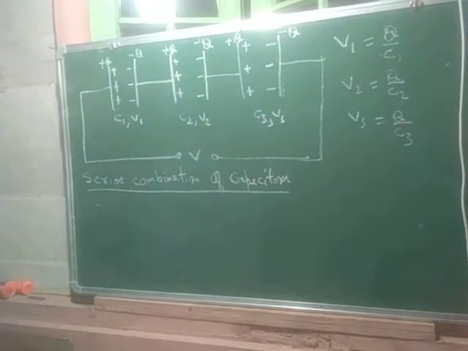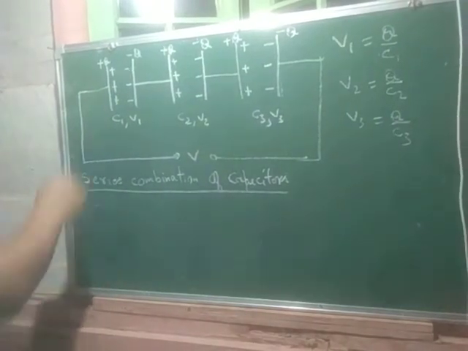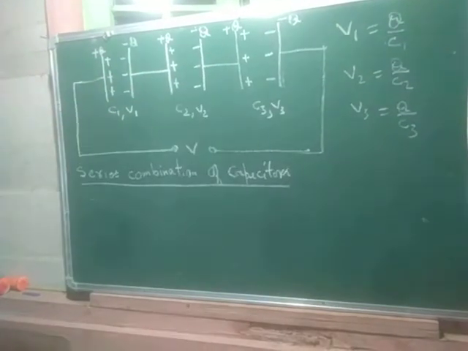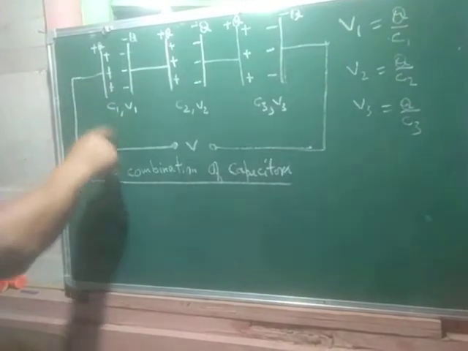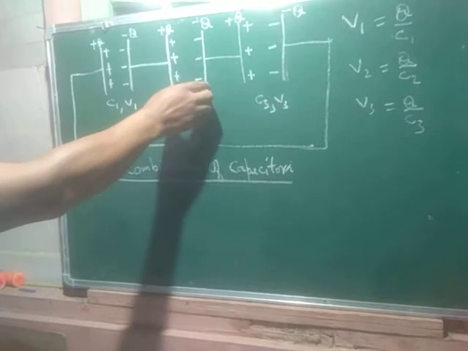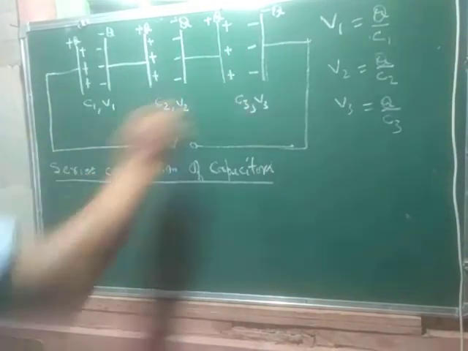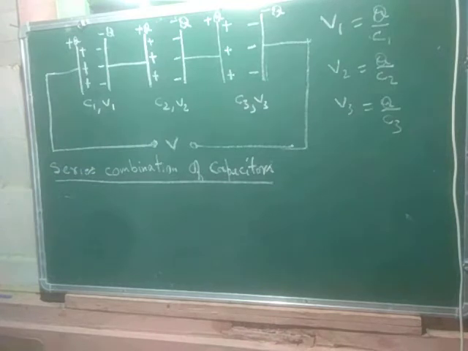Let's say the capacitances of these three capacitors are C1, C2 and C3.